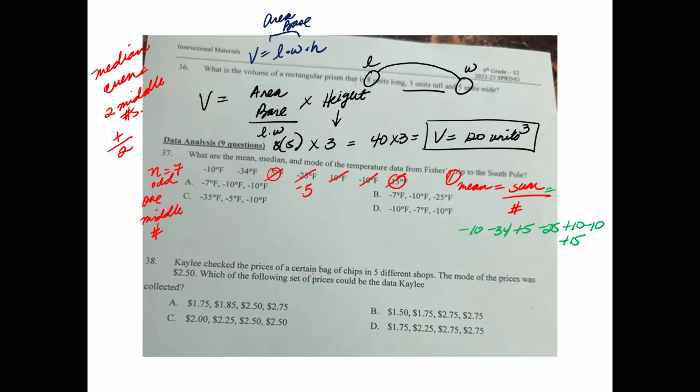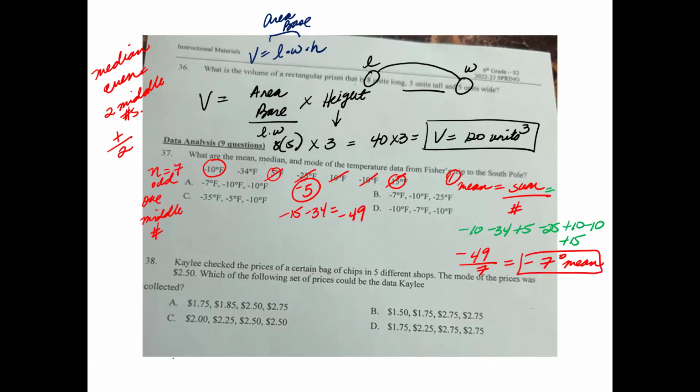Do you see how I'm slowly adding them together? Then -10 and -5 gives -15. Minus 34 is -49 degrees. So I divide 49 by 7, the number of values. 7 times 7 is 49, so it's -7. This is the mean.